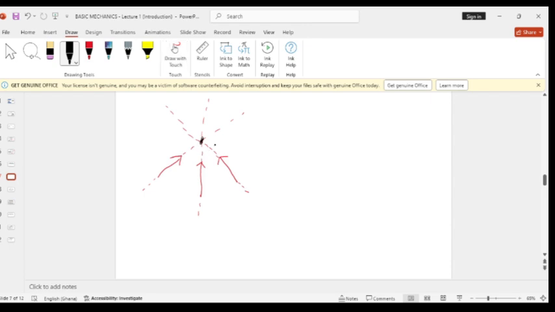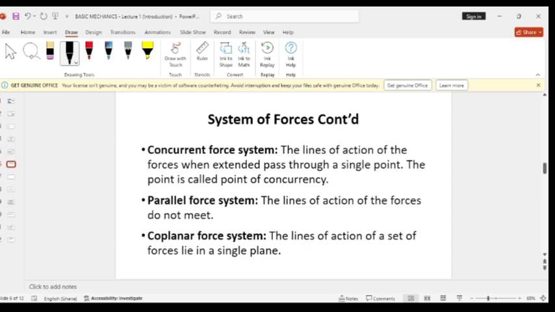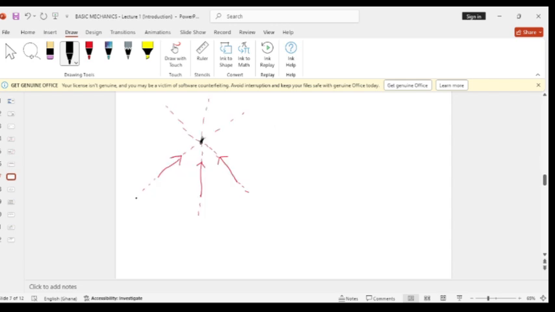That is the point of concurrency. So in a concurrent force system, the lines of action, when extended, pass through a single point. When we extend them, they meet at a single point, and that point is the point of concurrency.